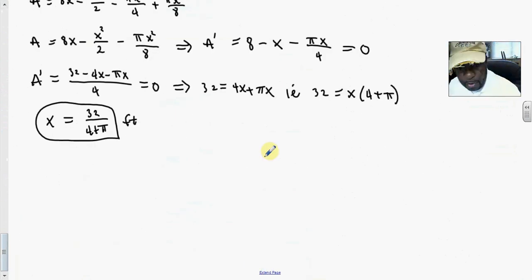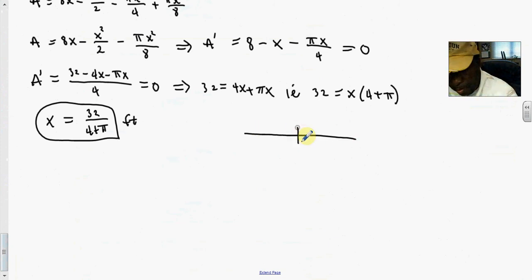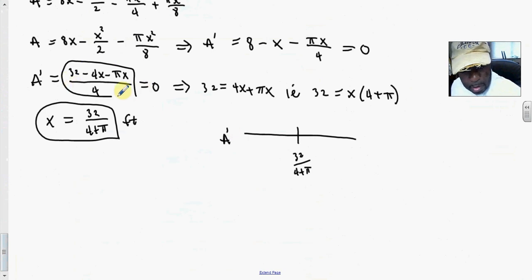So we apply the first derivative test. At that point, 32 over 4 plus pi, we investigate A prime. We plug in that where? We're going to plug it here. Now you plug in some value for x less than this number to see what sign you get, and it has to be greater than 0.